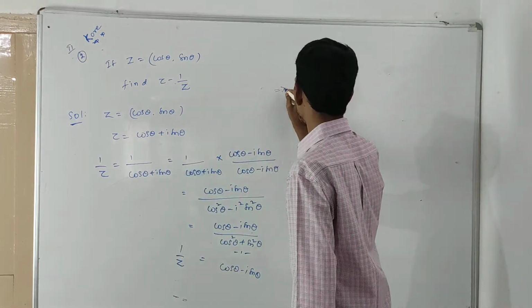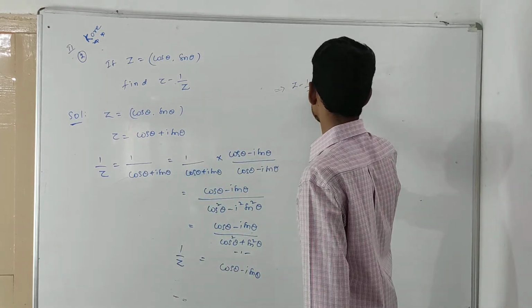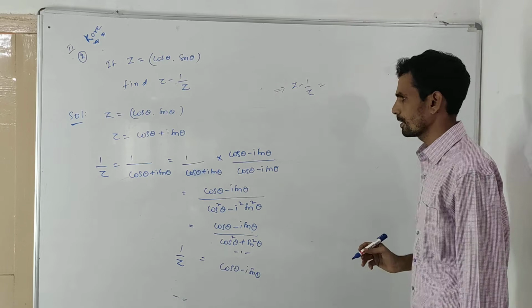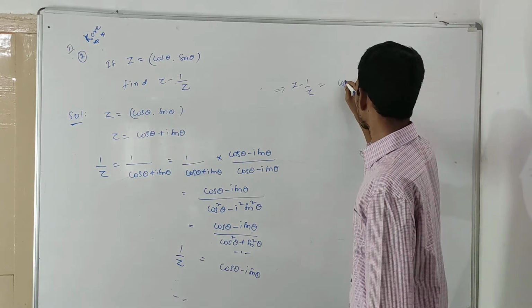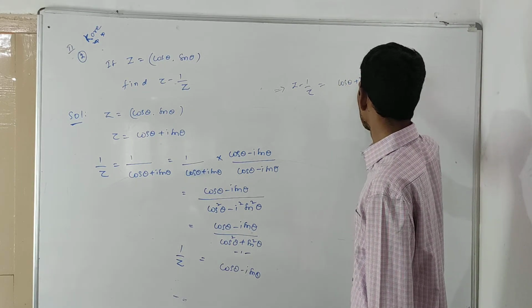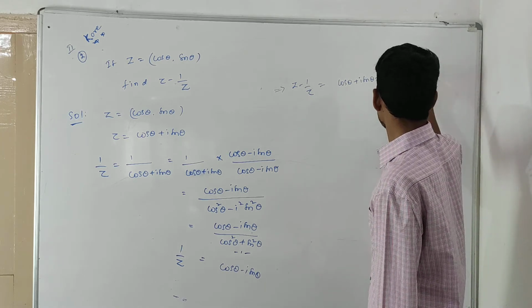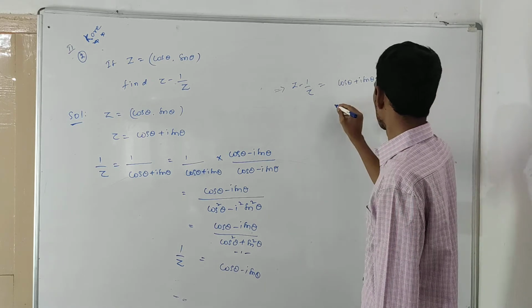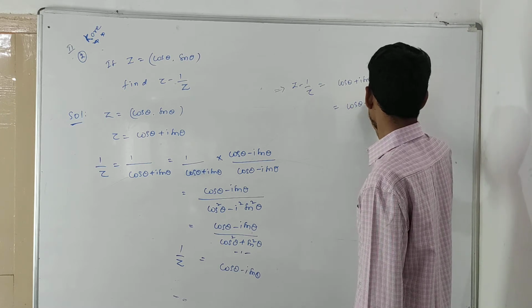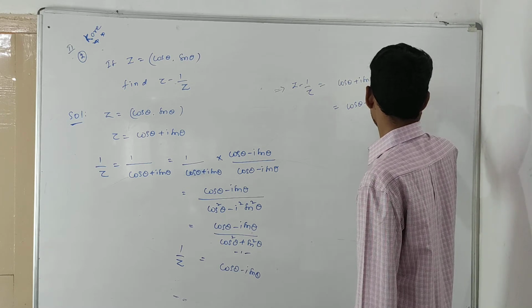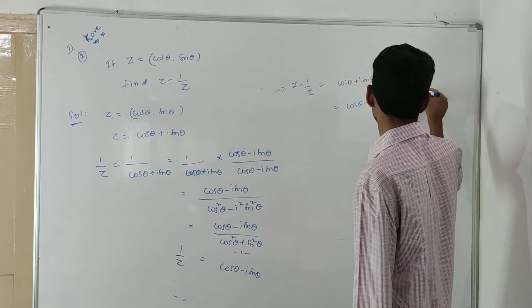What do you want? You want Z minus 1 by Z. First one minus second one. What is the first one? First one is cos theta plus I sin theta, minus the second one, cos theta minus I sin theta. So cos theta plus I sin theta minus cos theta plus I sin theta.